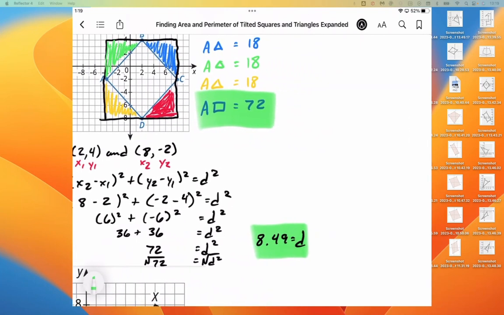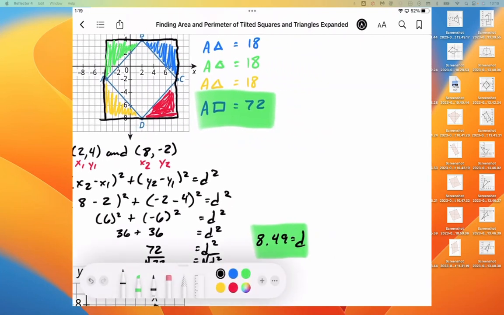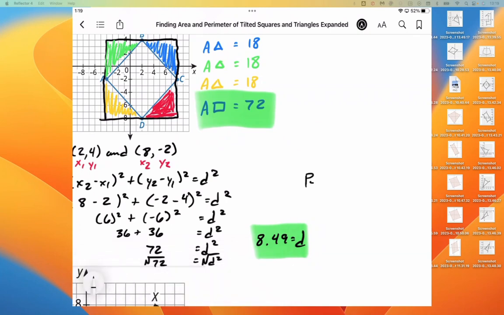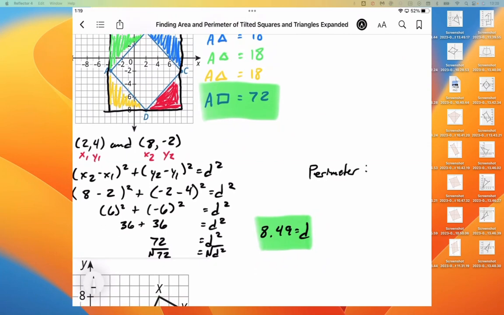And then to get perimeter, it is going to be 8.49 times 4, because each one of those sides is the same length. In perimeter, we get 33.96.